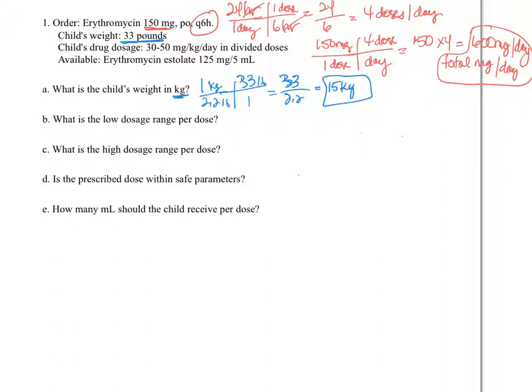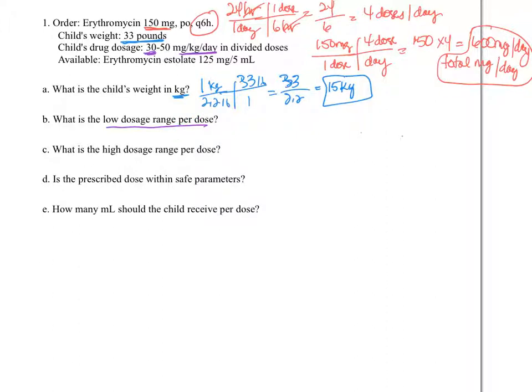The next thing we want is the low dosage range per dose. But the range that we're given here is 30 to 50 milligrams per kilogram per day. It's not per dose, it's per day. So we need to figure out the low dosage range per dose.